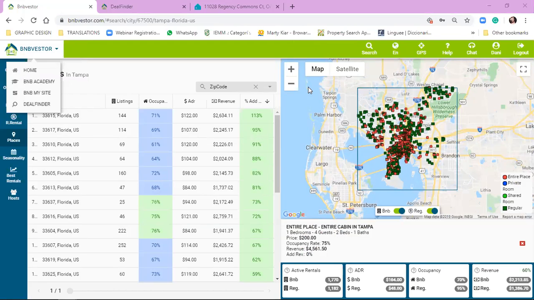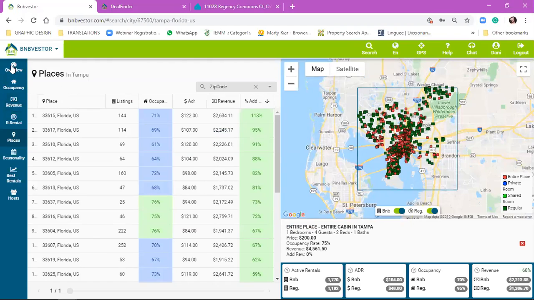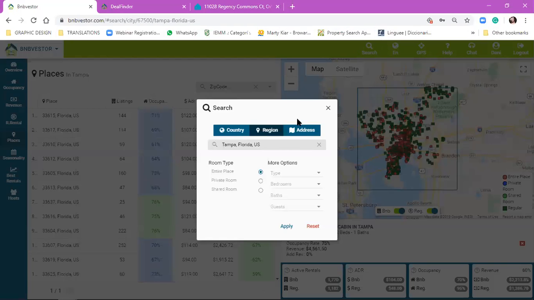Okay, I have a zip code over here. Give me a moment. Okay, I'm going to click search. In region, I'm just going to put in the zip code.